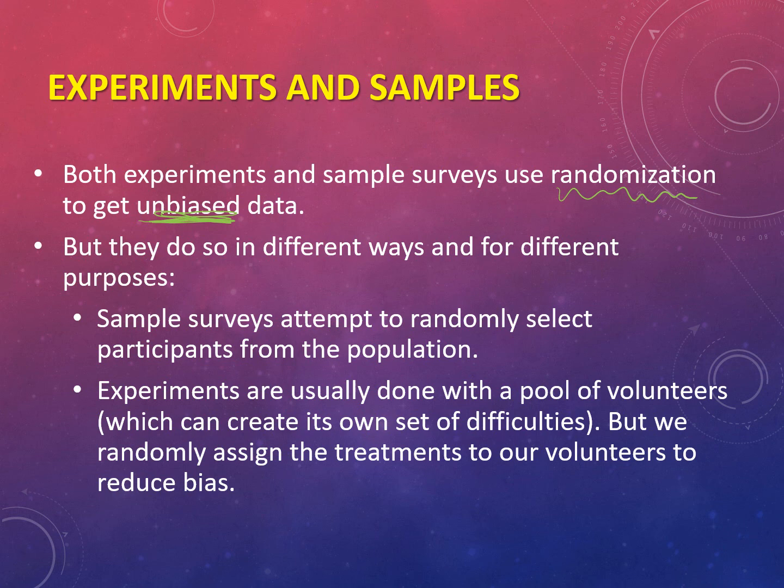For an experiment, people have to go to the experiment to participate. Now that in and of itself can cause difficulties because, just like with a voluntary response survey, the fact that the participants are choosing to participate can affect our outcomes. But that's why we randomly assign the treatments to our volunteers to reduce bias.